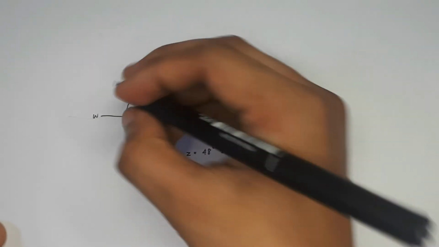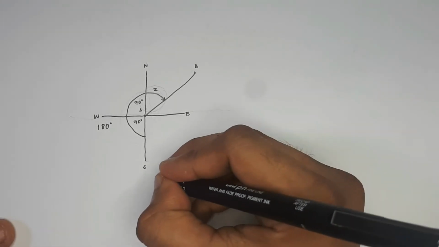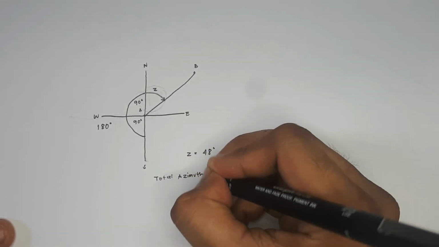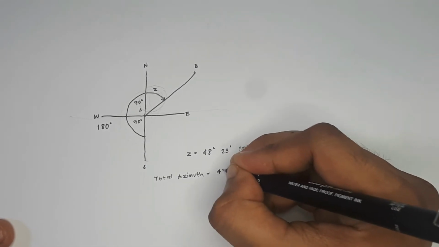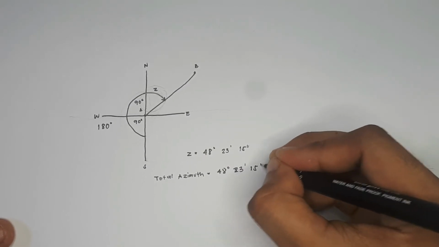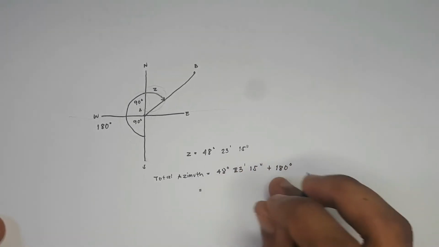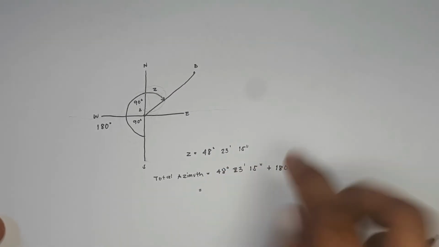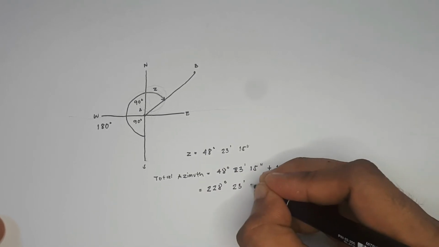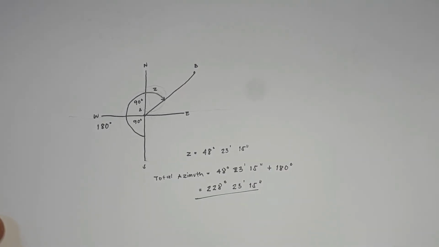So 90 plus 90, we have 180 degrees. So for our total azimuth, this will be 48 degrees 23 minutes 15 seconds plus 180 degrees, and this will give us 228 degrees 23 minutes 15 seconds, and this will be our total azimuth.